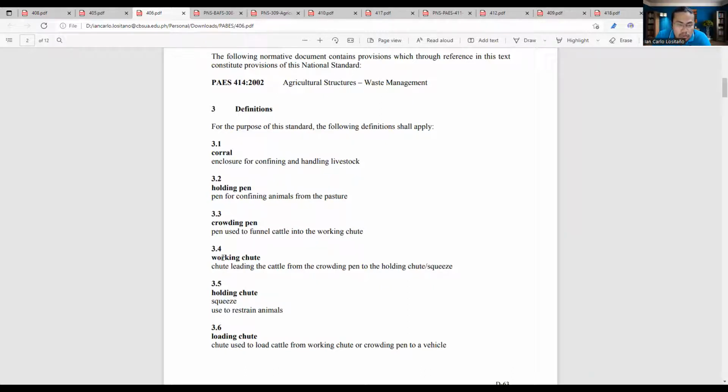The working chute is where the animals are restrained, and the loading chute is to load the cattle from the working chute or the crowding pen to a vehicle where they are now to be transported to a different location.